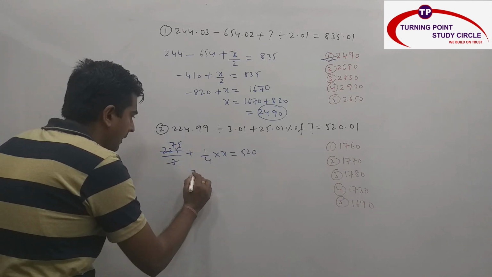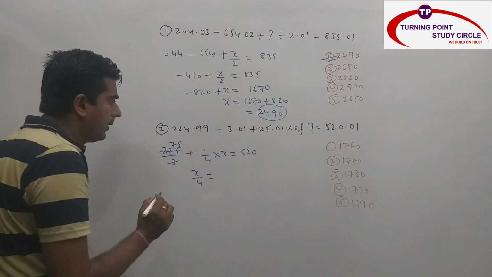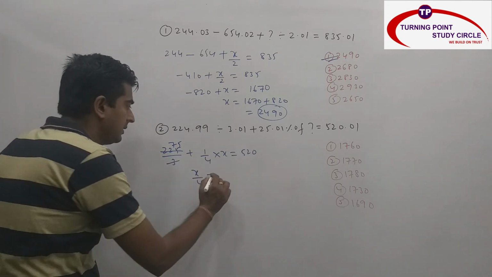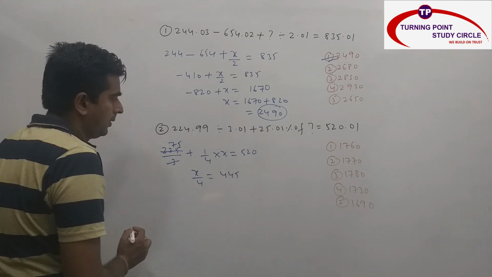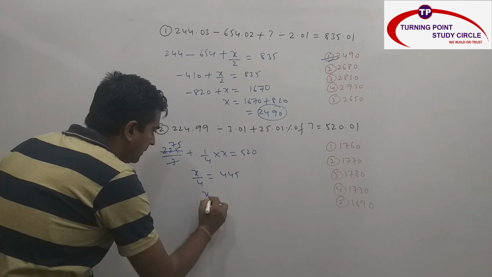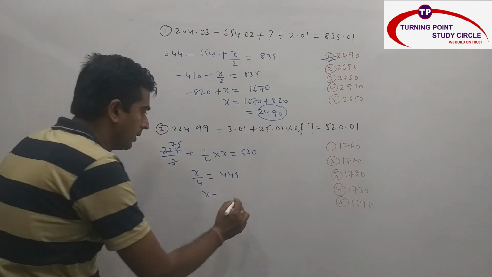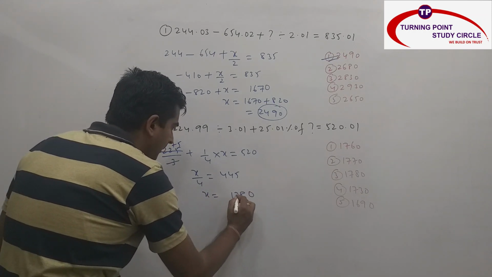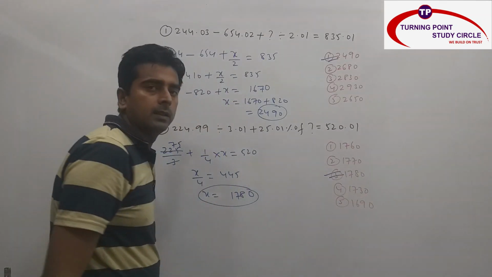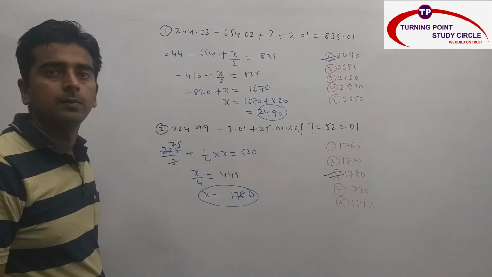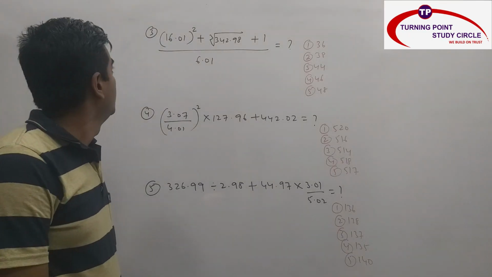So x by 4 is equal to 520 minus 75, which is nothing but 445. So x is nothing but 445 into 4, which is 1780. So my answer is nothing but third option, 1780. So I hope you are clear with the first two questions.